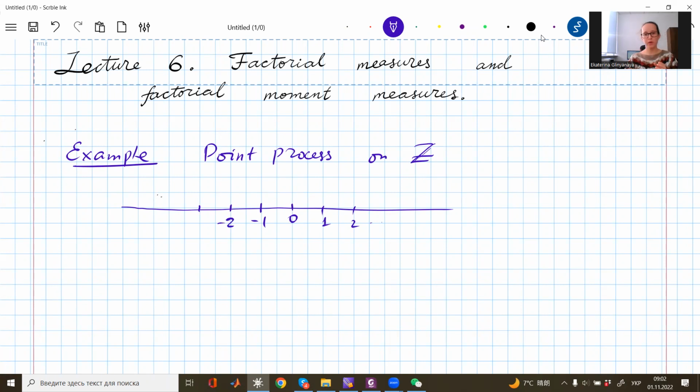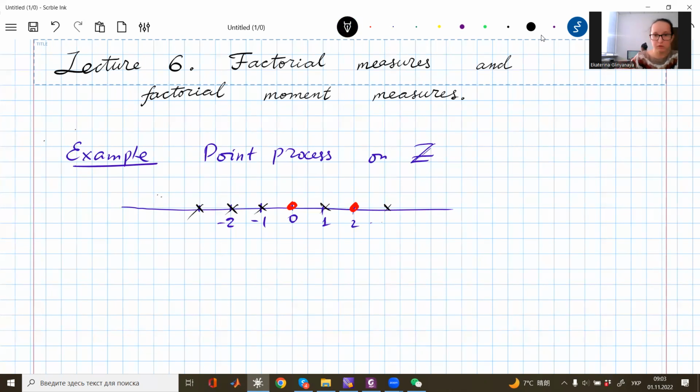And we assume that we can find a particle on a point of Z with some probability. So we have a particle or don't have, here, empty. And we want to understand how we can describe the distribution of such joint behavior or joint appearance of a particle in such a system.